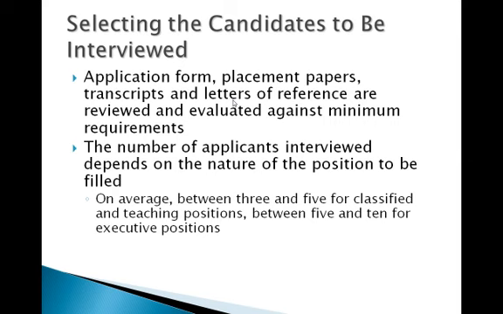An item that Rebore does not mention that I think is important in the selecting of candidates is the question of courtesy interviews.